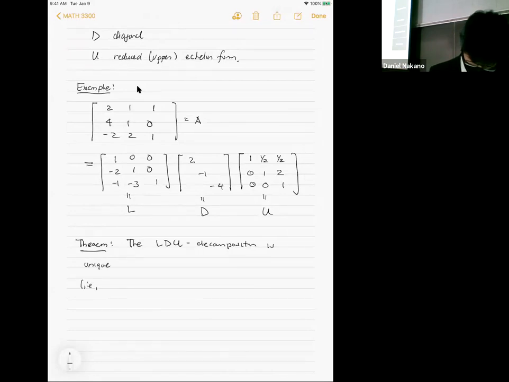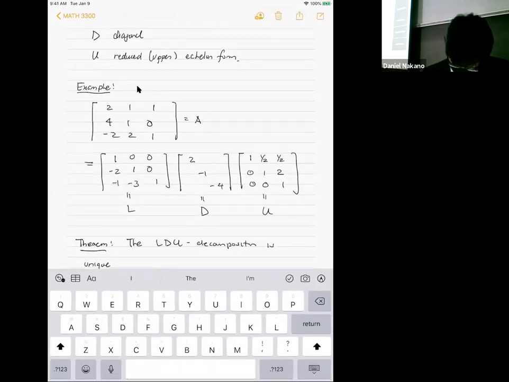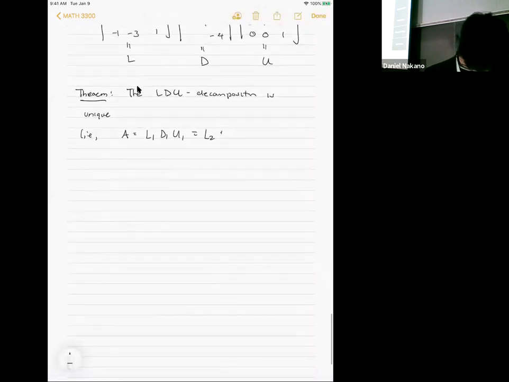That is, if A is equal to L1, D1, U1, and if it's equal to L2, D2, U2.